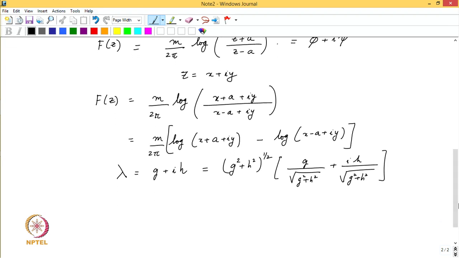Now, why did I do this? Well, by doing this I am ensuring that these two parts that I have here are definitely less than 1.